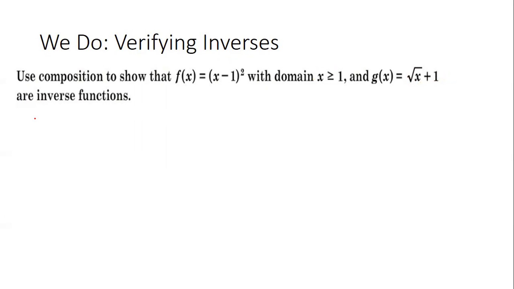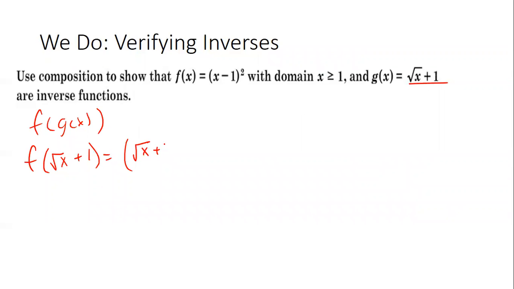So we're going to test. We're going to do f of g of x first, which means that I am plugging in f of the square root of x plus 1. So I plug that in, and I have the square root of x plus 1 minus 1 squared.